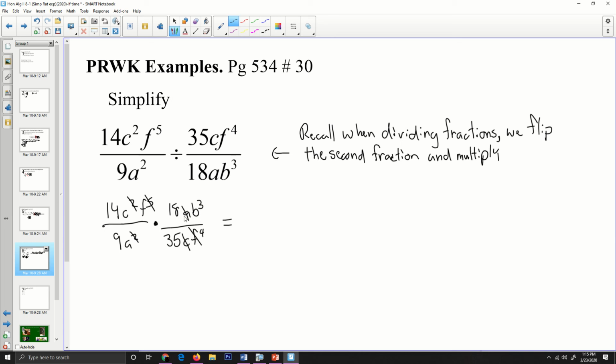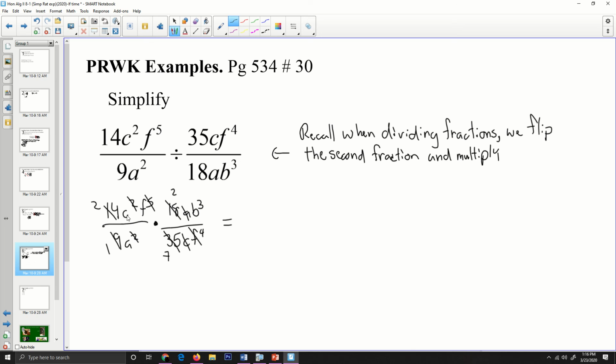Can't do anything with that b, but I see that I can factor out a 9. And when I factor out a 9 from the 18, I'll have a 2, and I'll have just a 1 there. And then there is a common factor between 14 and 5. I can factor out a 7, which will leave me a 2 there, and a 7 on the bottom.